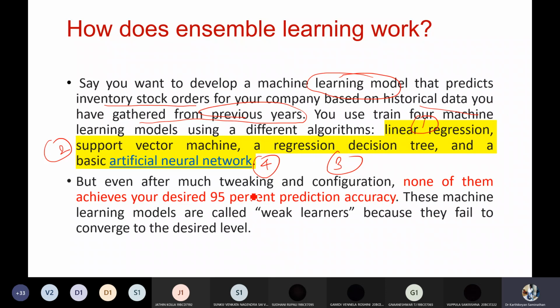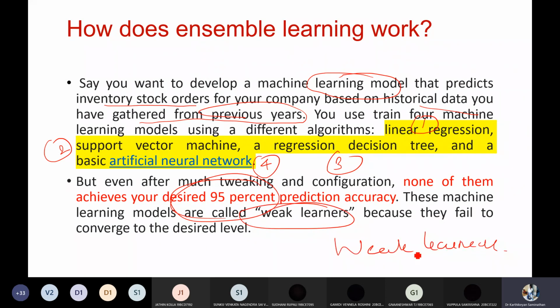It is not giving more than that. So we call these machine learning models weak learners. It is not giving better accuracy, so such models are called weak learners.